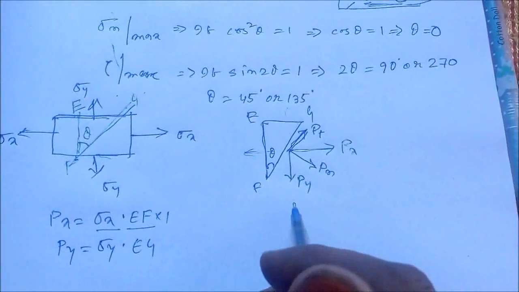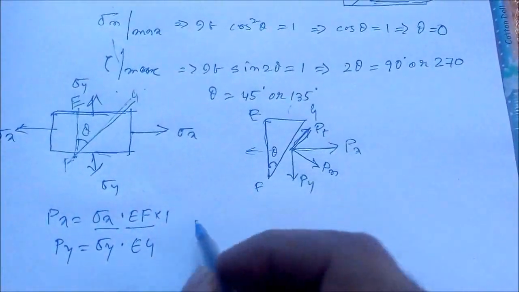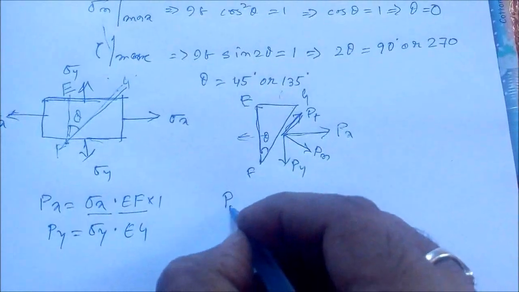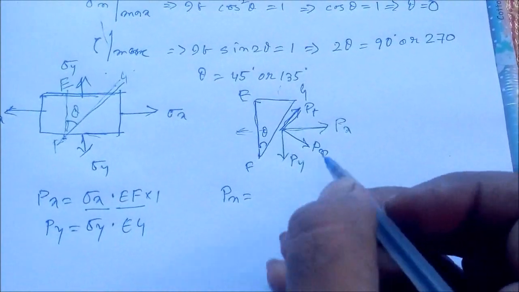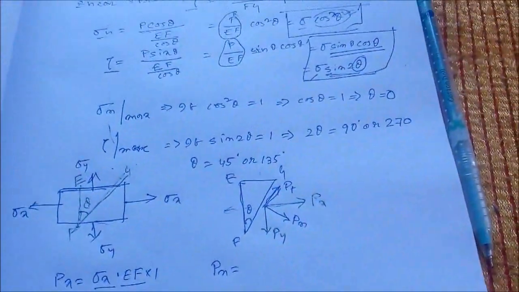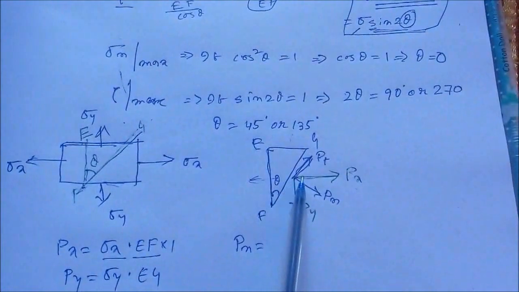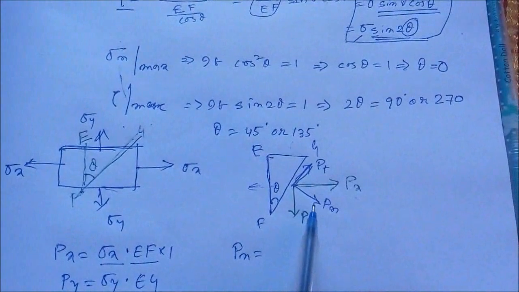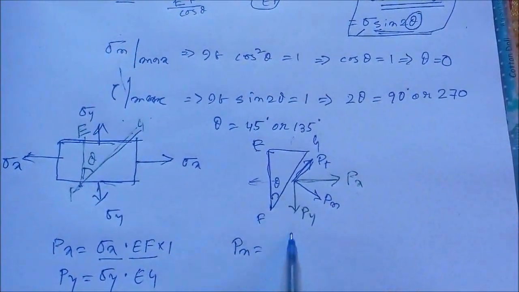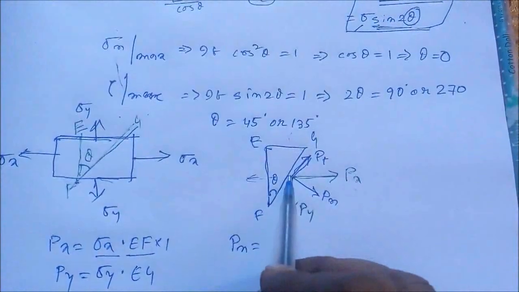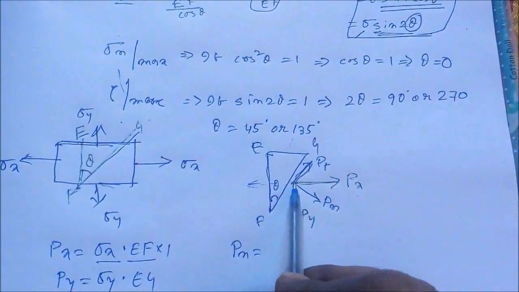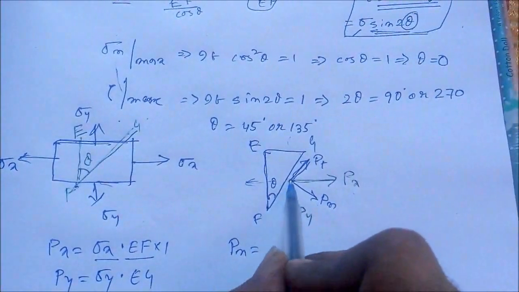What will be those values? The value of Pn will be equal to, obviously this Px will have two components, one in this direction, one in this direction, and Py will have two components, one acting in this direction and another acting in this direction, right?